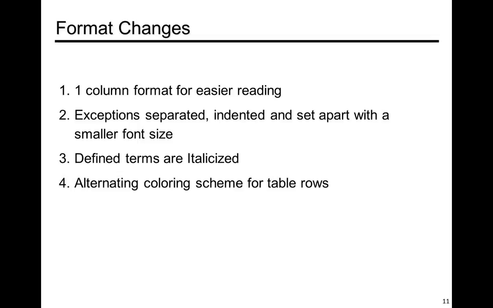And the defined terms, we brought back the italicized defined terms. And we have also added an alternating coloring scheme for table rows and columns to show where there are groups and better identify them for grouping. Next slide.